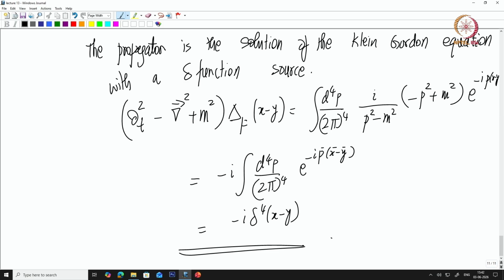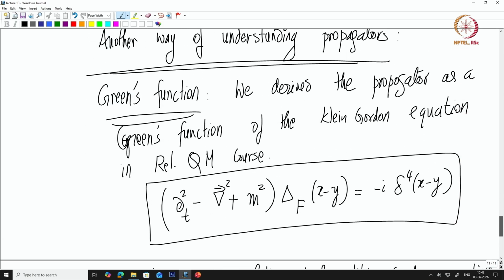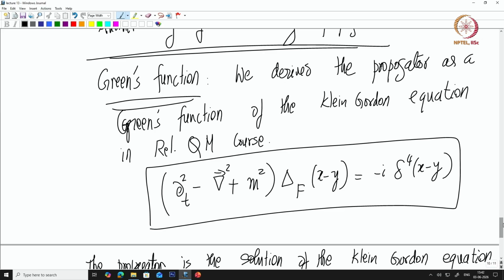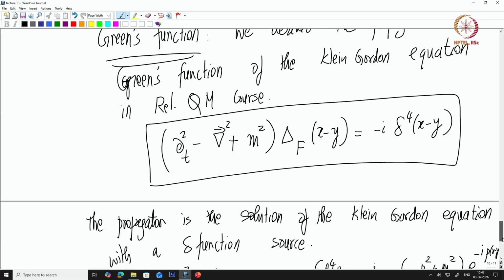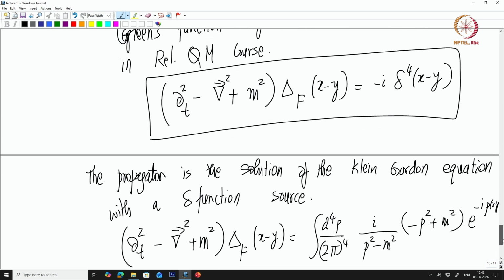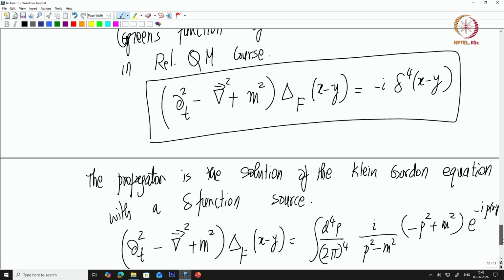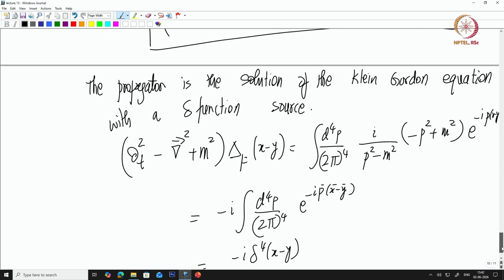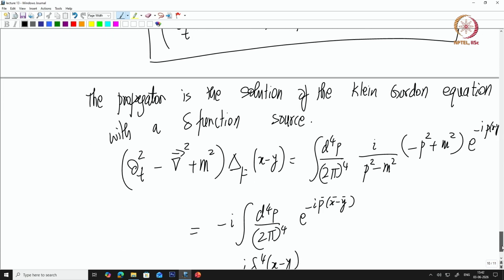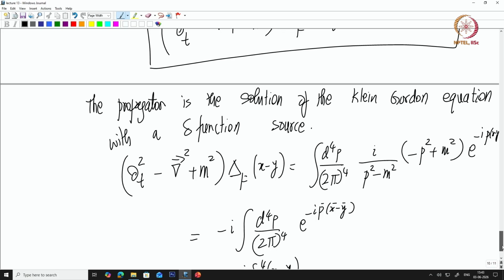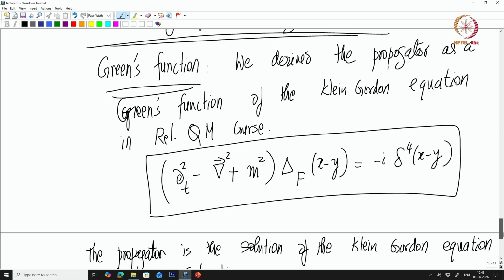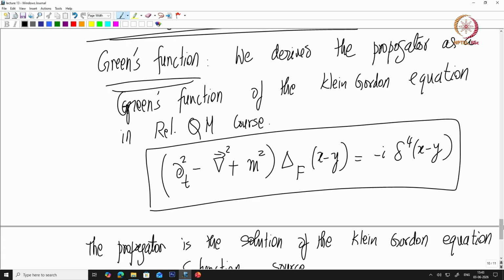In this case we have not done anything more; this is almost like classical field theory, where you put in a delta function source and derive the propagator as the solution. We get the same equation for the propagator, but now with a quantum field theory interpretation, in the sense that you can expand the fields in terms of the modes.